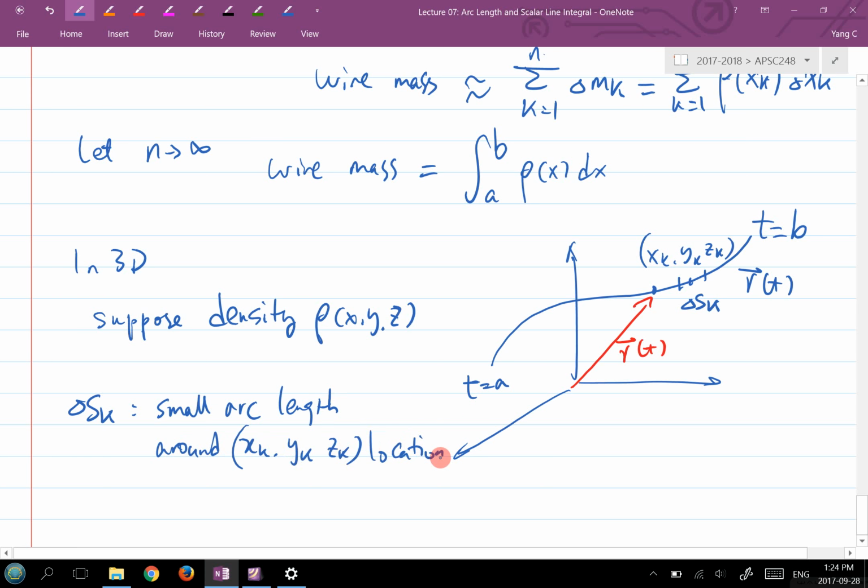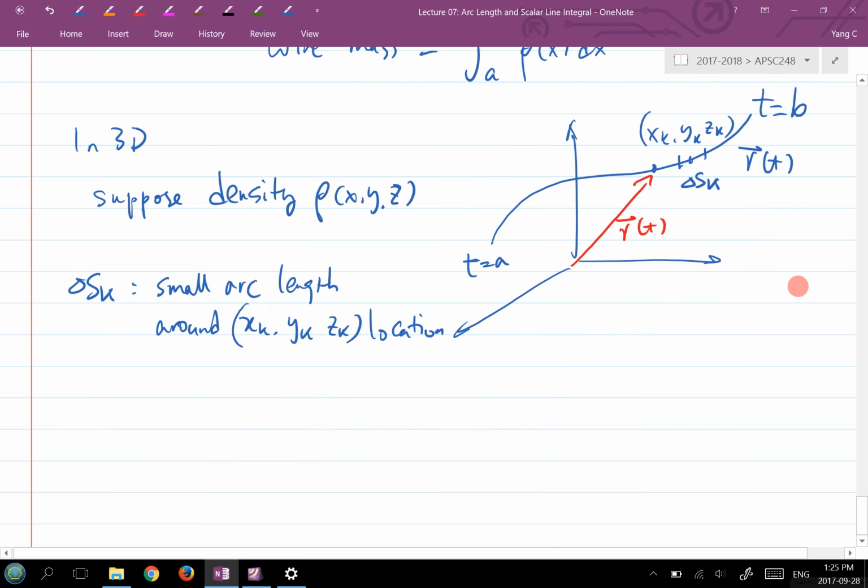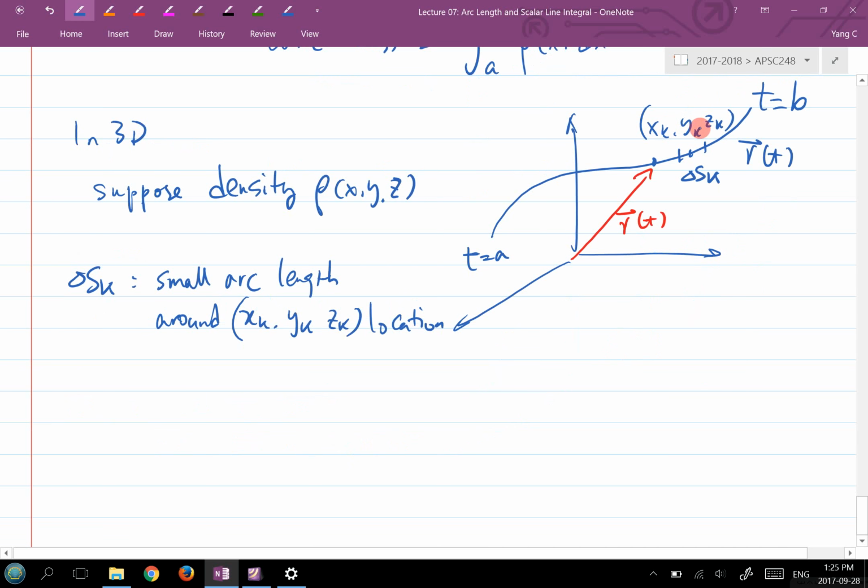The idea is, I want the total mass, so let's separate this total wire into n small segments, each with arc length delta s k. Then we calculate the mass for one segment and add them up, and that will be approximately the total mass for this length of arc.